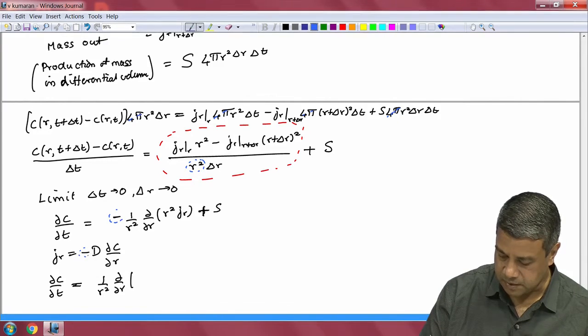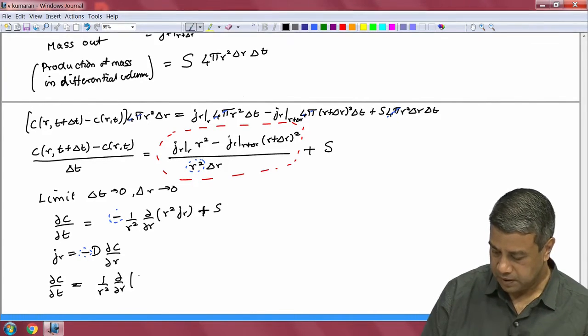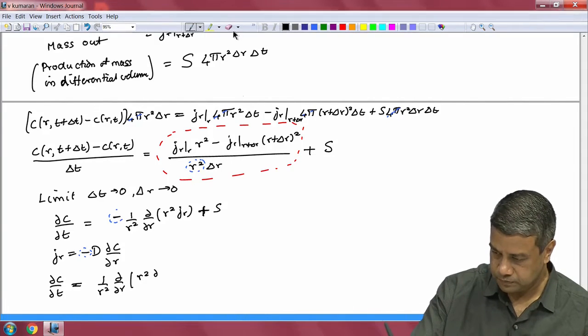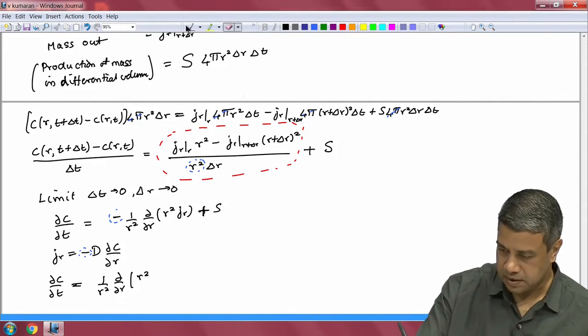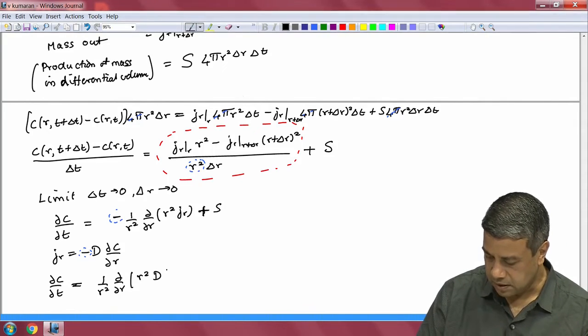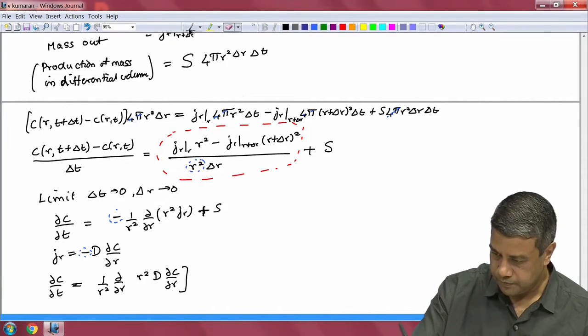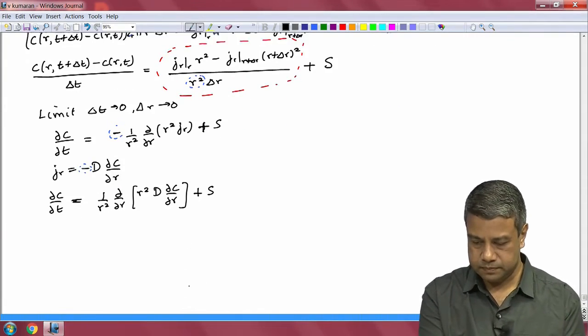So, these will multiply to give you a positive sign. r square times D times partial c by partial r plus S.